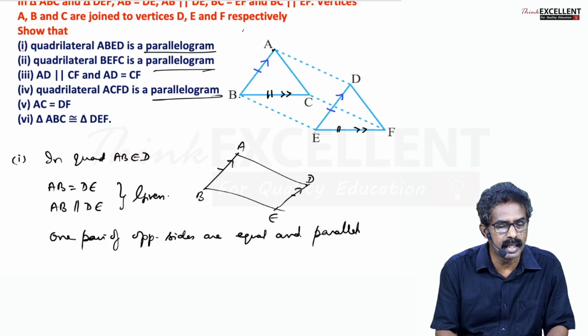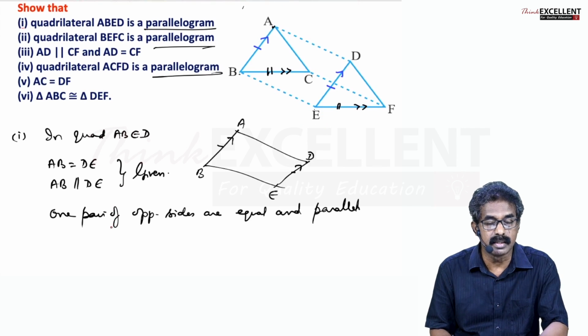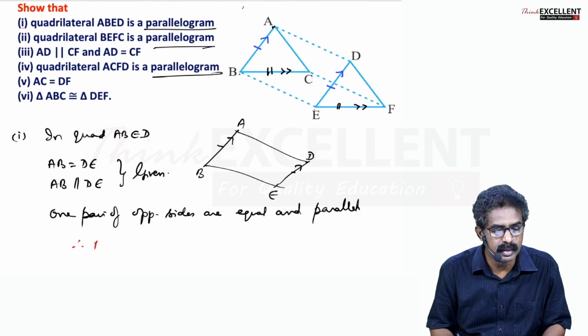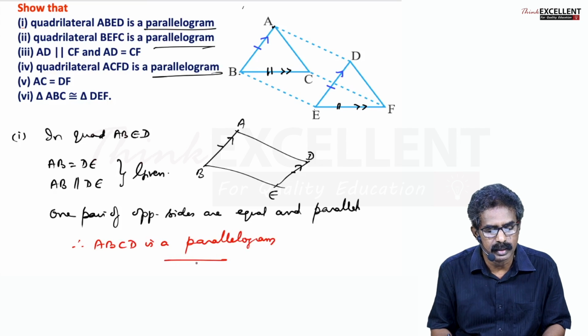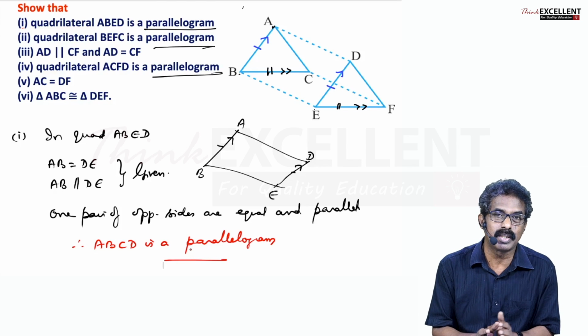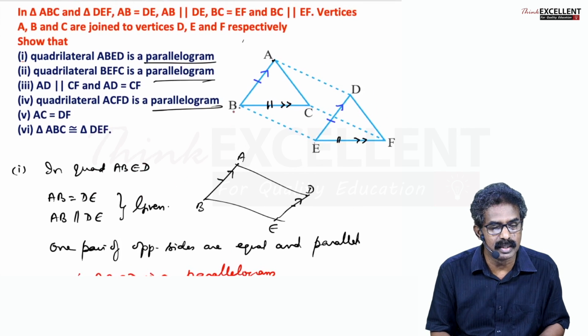So you can say this quadrilateral is a parallelogram. Which one is a parallelogram? ABED is a parallelogram. Parallelogram means you can use the other results too.